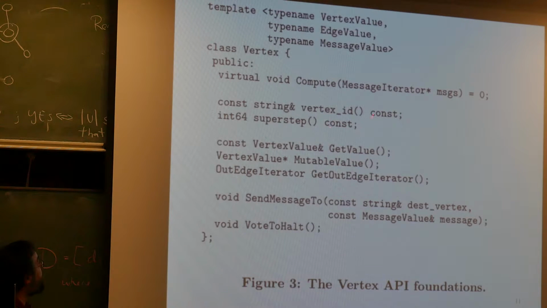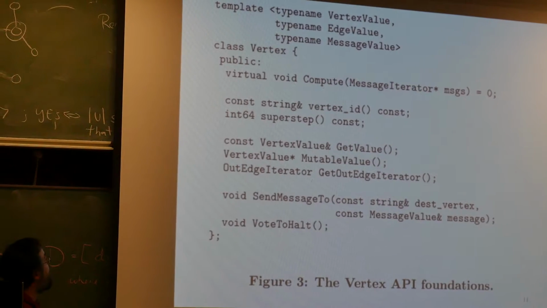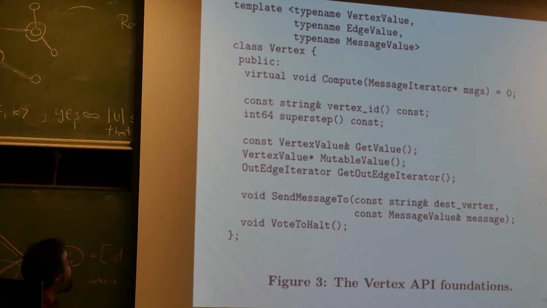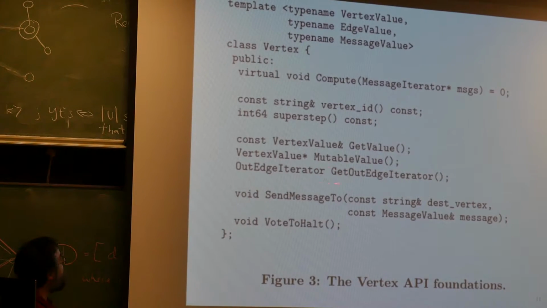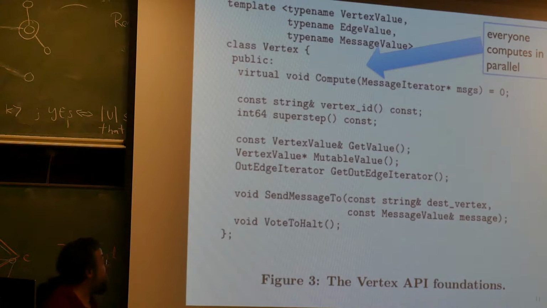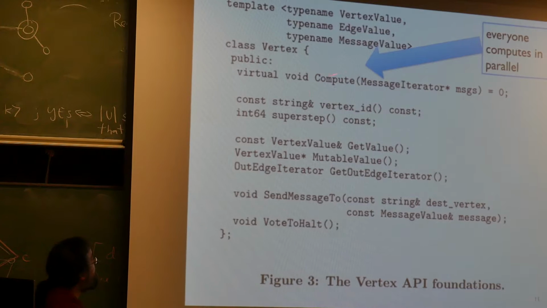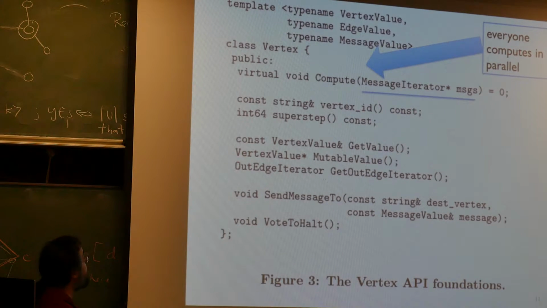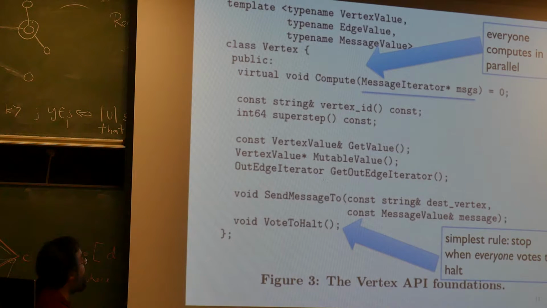There's a vertex ID, which tells you basically who you are. You can get your value or you can set your value. You can look at all your neighbors, so you can get all the output edges. And once you've gotten one of those edges, you can send a message to that destination vertex. And you can also vote to halt, all right? Everyone does the compute step in parallel. It just has this one set of inputs, all right?